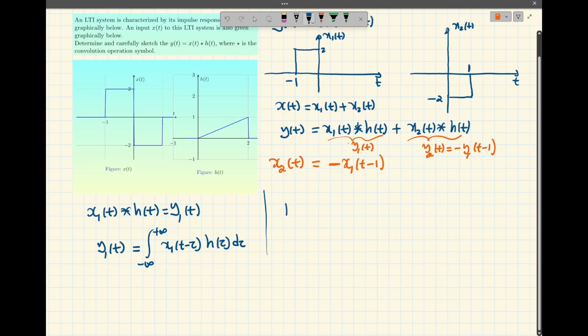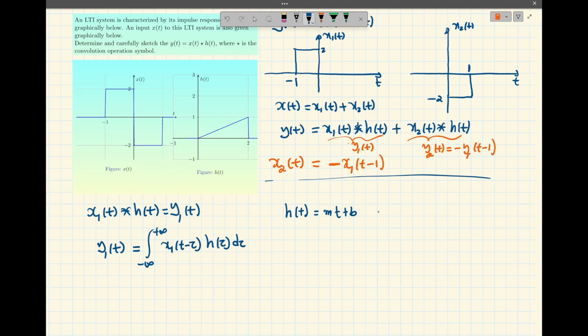Now h of t is in the form mt plus b. So m, which is the slope, the rise is 1, the run is 2, so it is half t, and the graph goes through the origin, so plus 0.